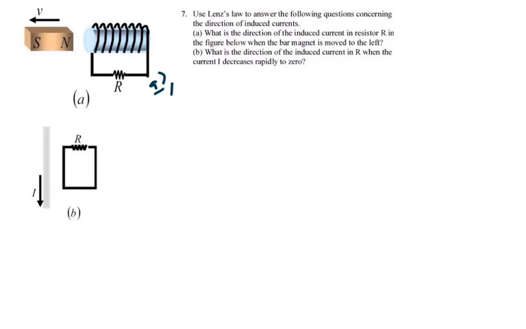So the first one is, what is the direction of the original flux in this problem? Well, as we look at this, there are flux lines emanating out of the north pole of this magnet into the south pole of the magnet. So they are going this way. There's a lot of them like that.